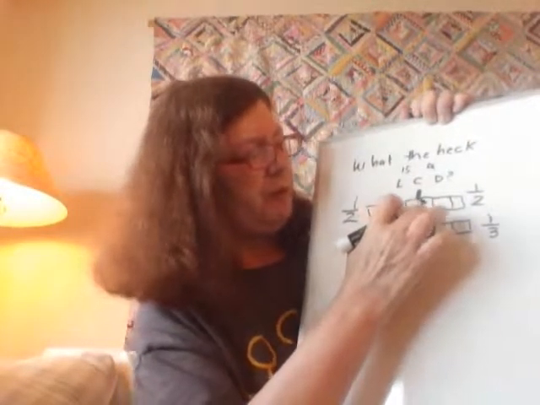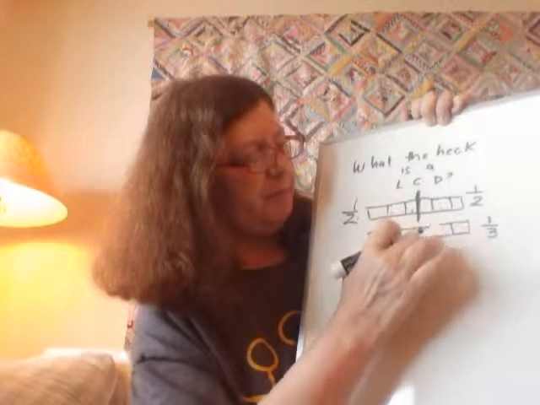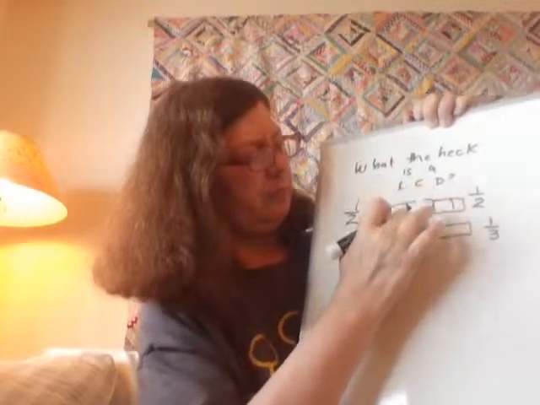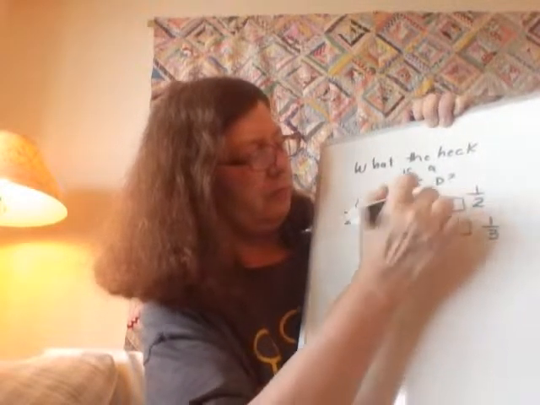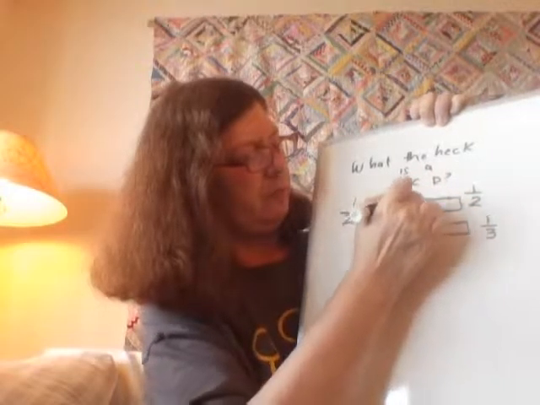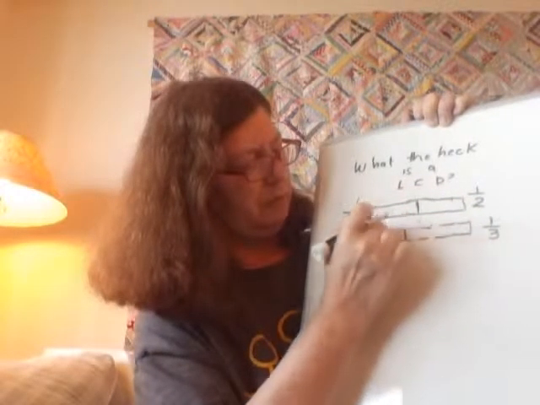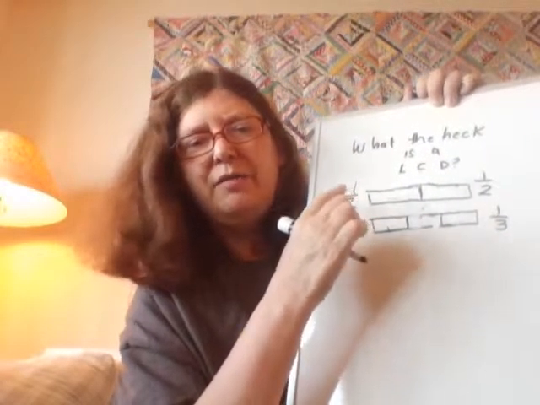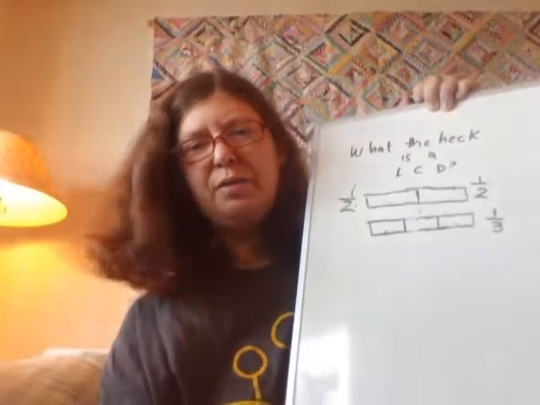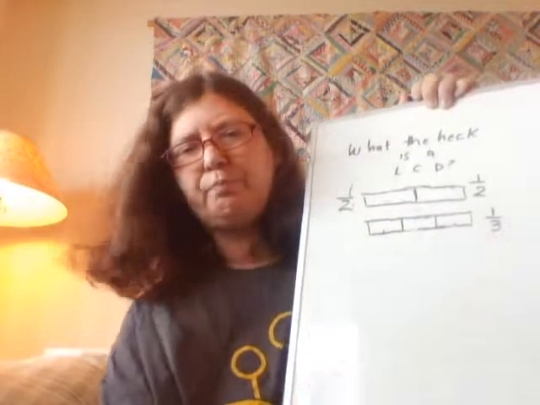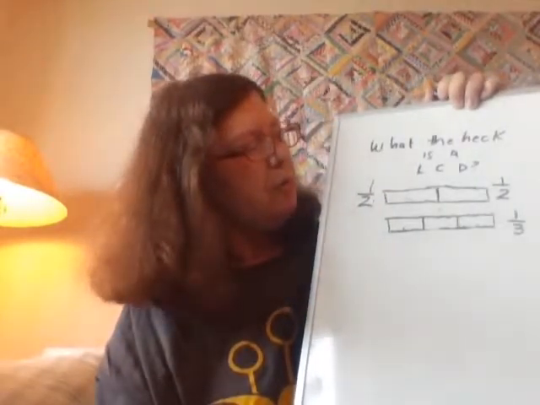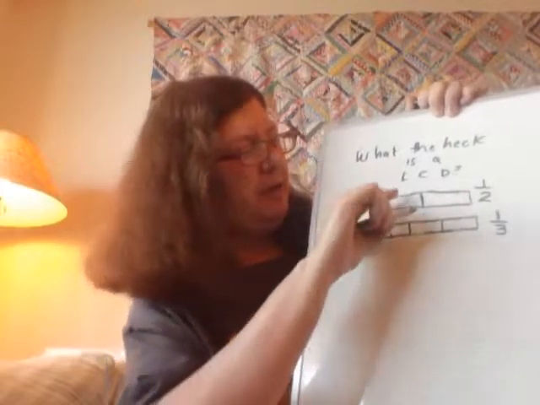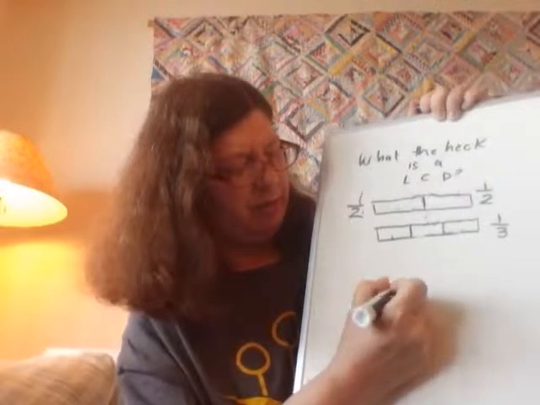Well, let's go back to before we broke it up. Now we have halves and thirds, right? Whatever number of equal boxes we're going to have in the halves, it's going to be 2 times something.